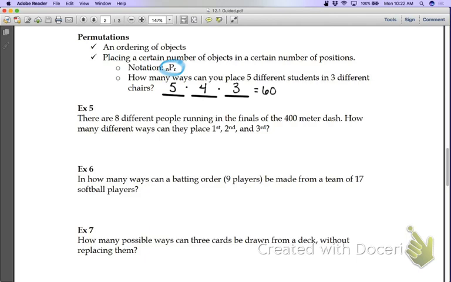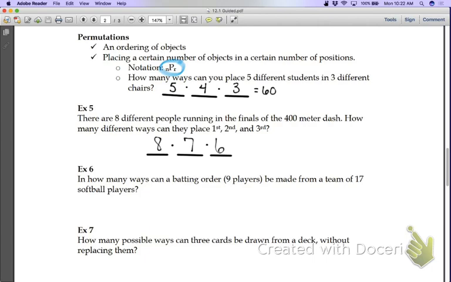Same way, 8 different people, first through third, how many different ways can this thing finish? If we have 3 places, how many different people can win the race? 8 people, right? So if there's 8 people that can win, how many people can finish second? 7, and then 6.